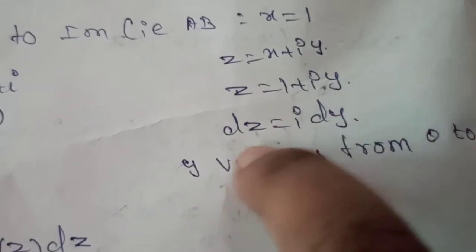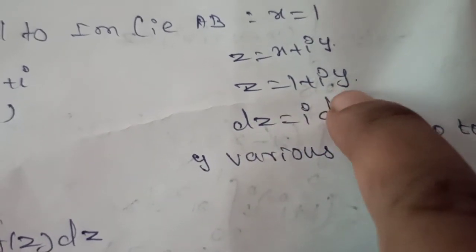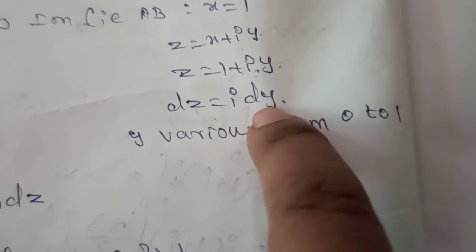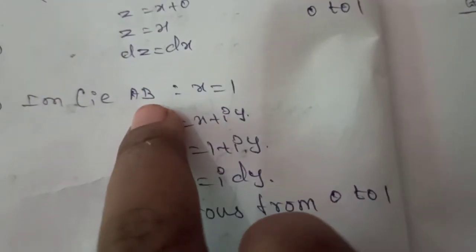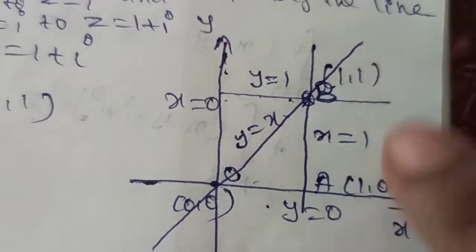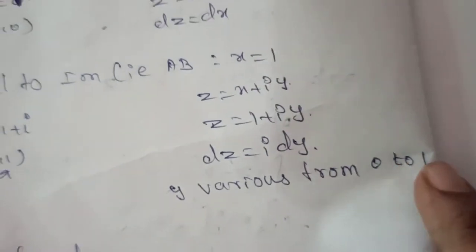Taking differentiation on both sides, dz equals 0, since the constant becomes 0, plus i into dy. So dz equals i dy. The z variable is replaced by the y variable, so we need the y value limits. Along AB, y varies from 0 to 1.